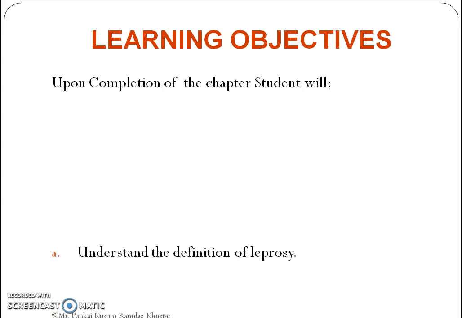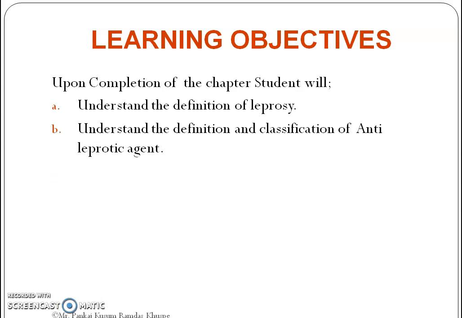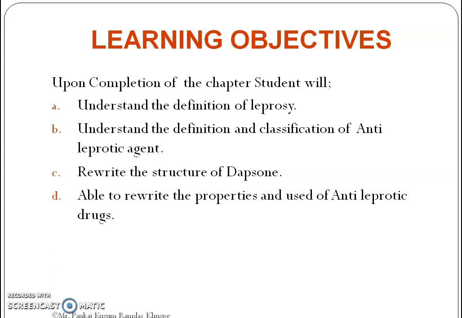So, what will be the learning outcome for our today's session? Upon completion of this session, the student will be able to understand the definition of leprosy. Student will understand the definition and classification of anti-leprotic drugs. Student will be able to rewrite the structure and IUPAC name of dapsone.